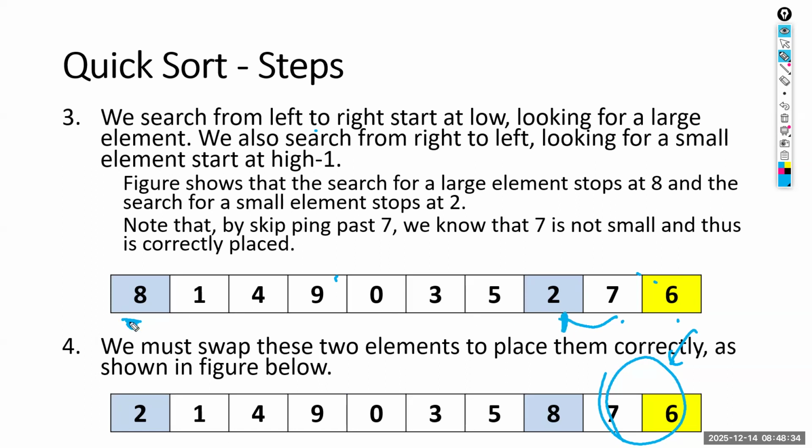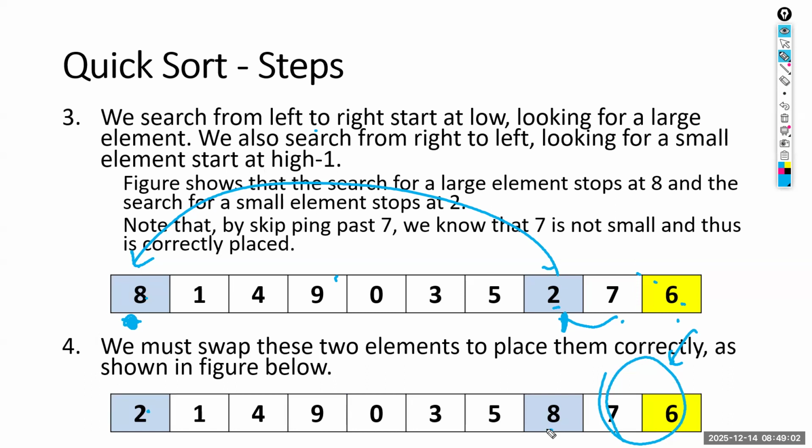Now we have found something bigger than 6 on this side, and something smaller than 6 from this side. Now you need to swap those. 2 goes there, 8 goes there. So this is the result.